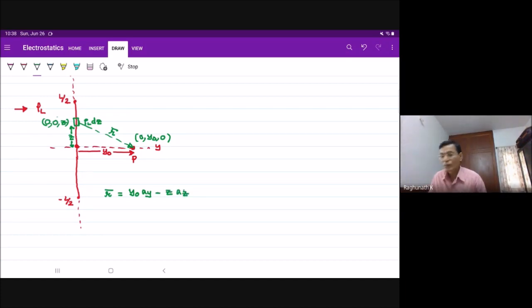You agree with this? At any point on the line charge.